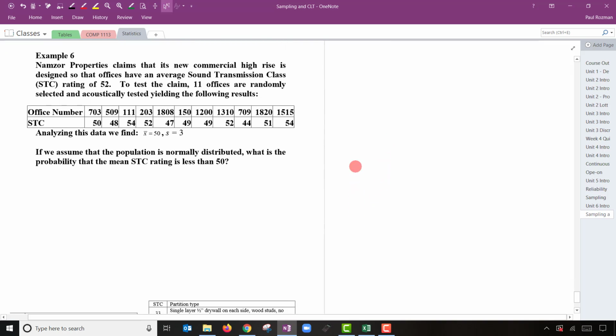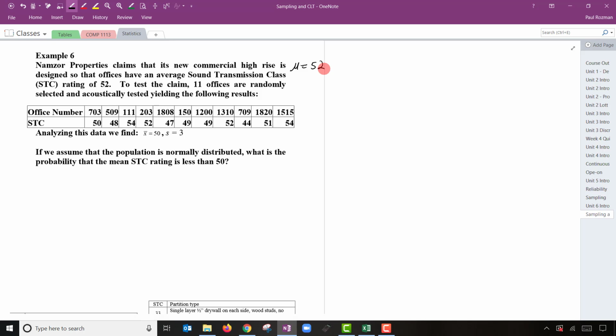A little example here. NAMZOR Properties claims that their offices have an average sound transmission class rating of 52. They have a mean rating of 52. I don't think there are units on that.